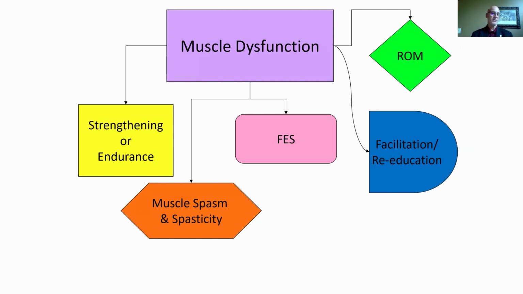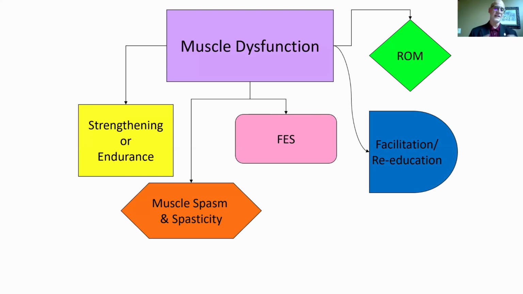Okay, well, I'm going to talk about muscle dysfunction next, and I'm primarily going to focus on strength. That's what we're going to focus on tonight, because again, there aren't good recommendations for decreasing spasm and spasticity. Those are only temporary. Functional electrical stimulation is its whole lecture, but it's basically using neuromuscular electrical stimulation to cause a muscle contraction to help with function.